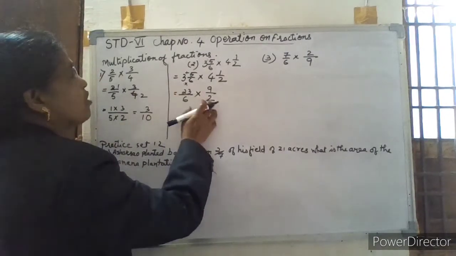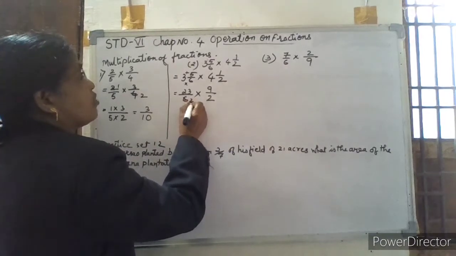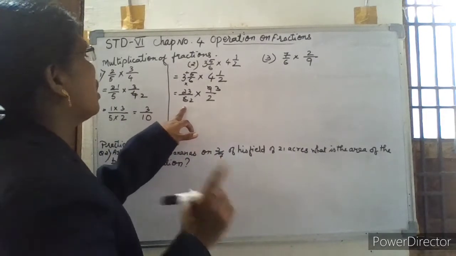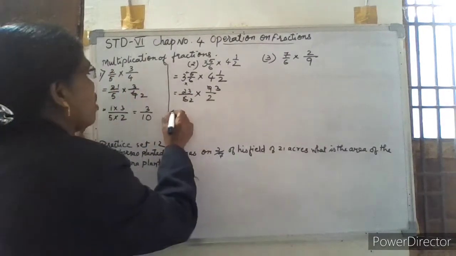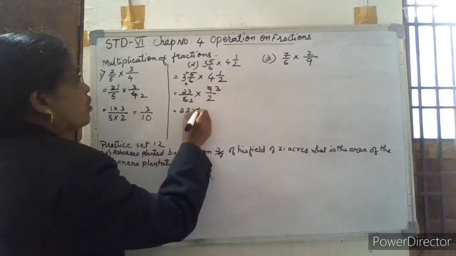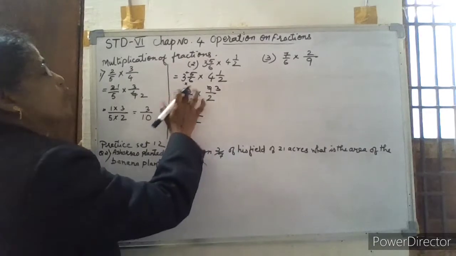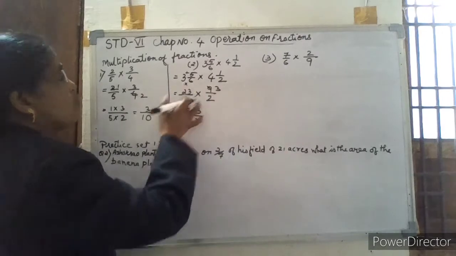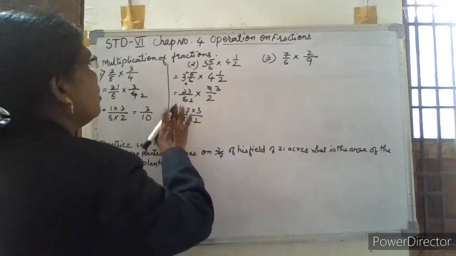So here 3 2s is 6. 3 3s are 9. Have tables. Read the table properly. 3 2s are 6, 3 3s are 9. So now take the numerators, 23 into 3 upon denominators 2 into 2. Multiplication: numerator into numerator, denominator into denominator. If this way cross or this way cross cancelling is possible, you have to cancel, or otherwise directly you have to multiply numerator into numerator and denominator into denominator.